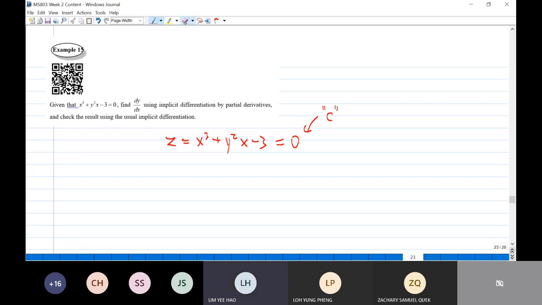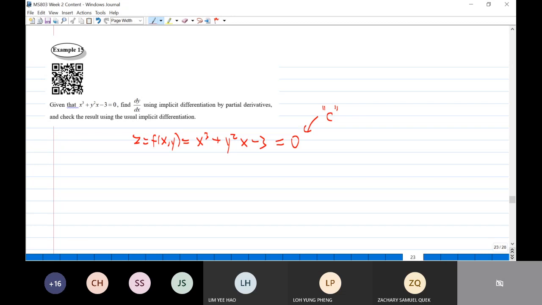Mr. Quack, is it okay to put your z as 3? Z equal to a function of x and y. Yes, you can also do that. That means you can put it as x cubed plus y squared x equal to 3 also. Yes, you can put it equal to 3.